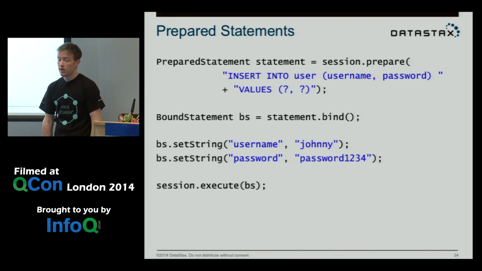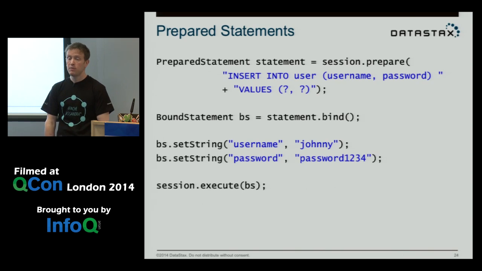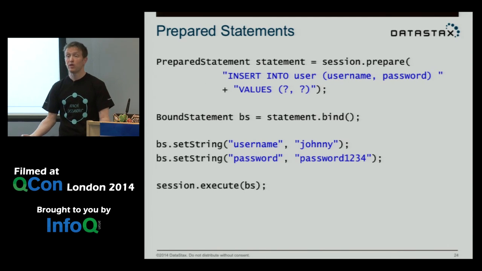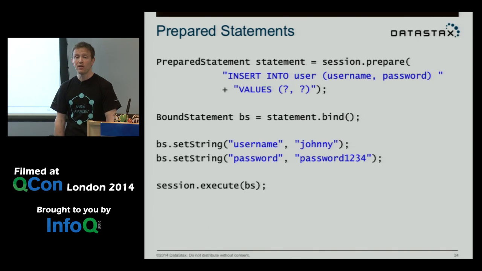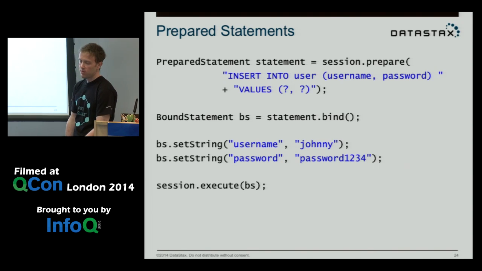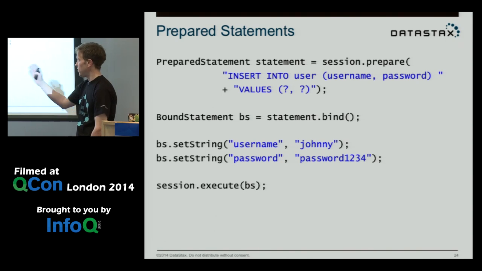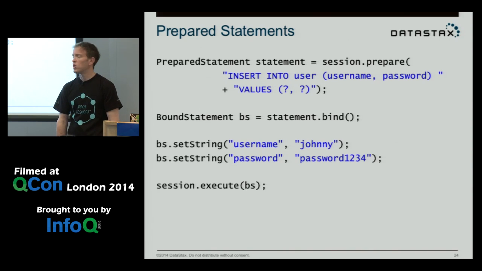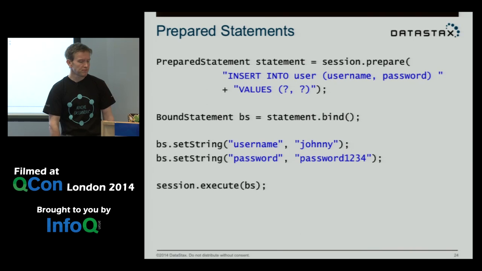There are some considerations around prepared statements. Don't prepare a statement unless you are going to be reusing it. I think that's glaringly obvious. But these are your friend, and this is something you will predominantly use. There are more ways of binding your variables: you can do it by index, you can do it by name, and I think you can also define variables now and substitute stuff in. So it's fairly easy to use.